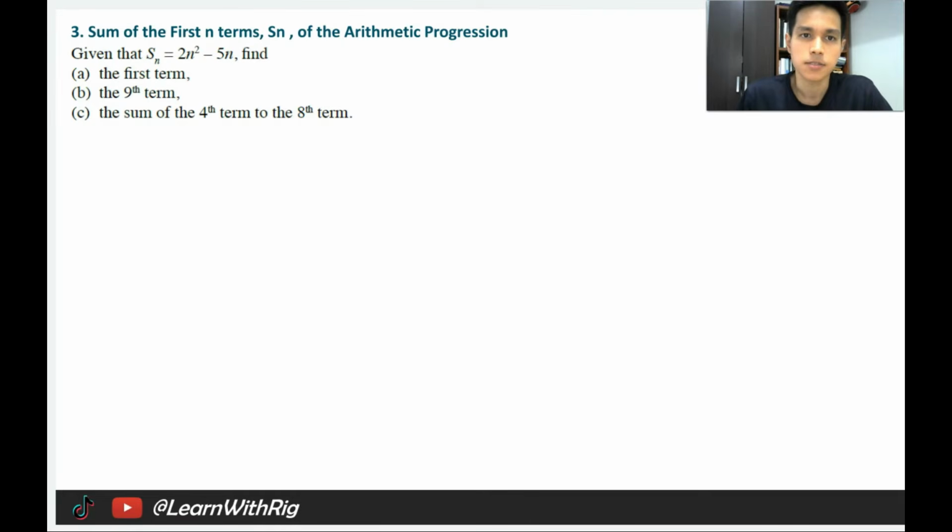Given that Sn equals 2n squared minus 5n, find the first term. For this kind of question, it's actually pretty common, so I want you all to understand this clearly. Imagine I have a sequence 2, 4, 6, 8, 10, and so on. If I want to find the first term, which is a, correct?